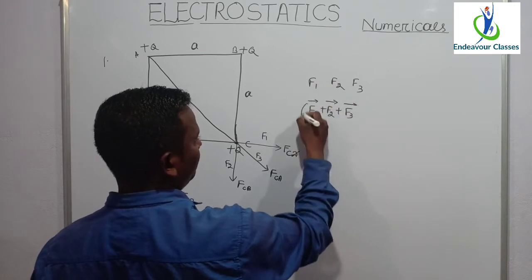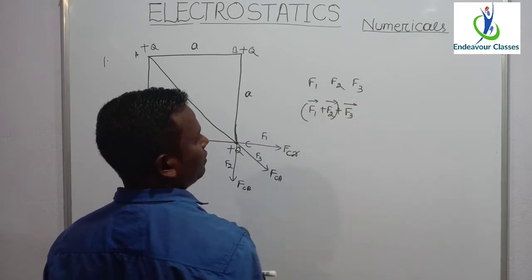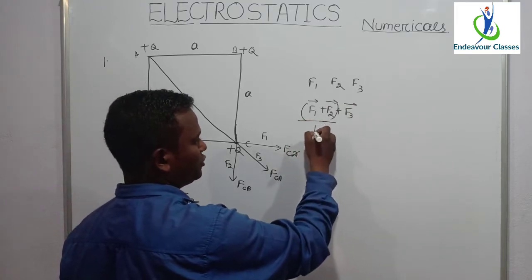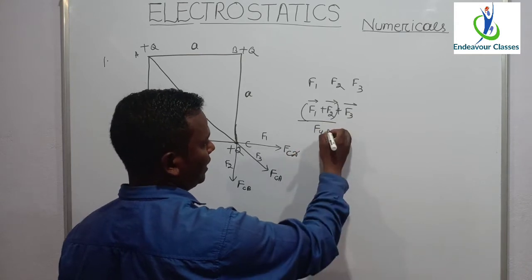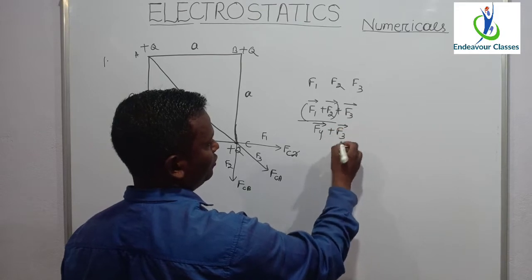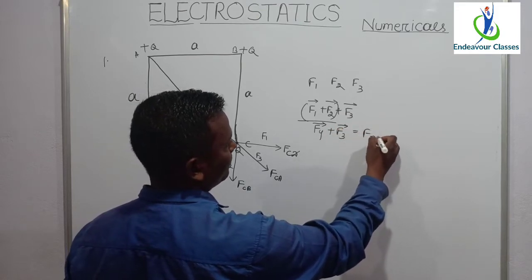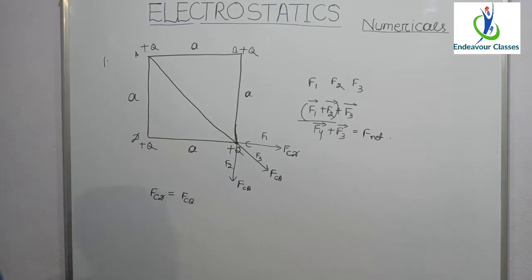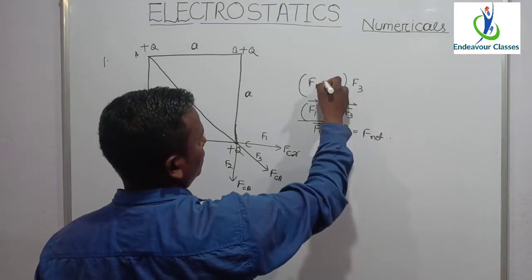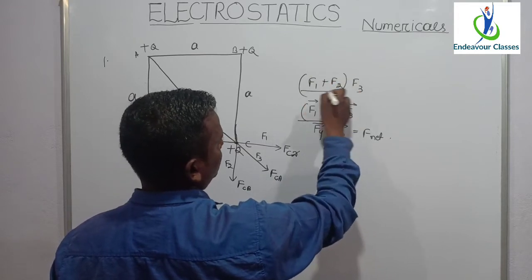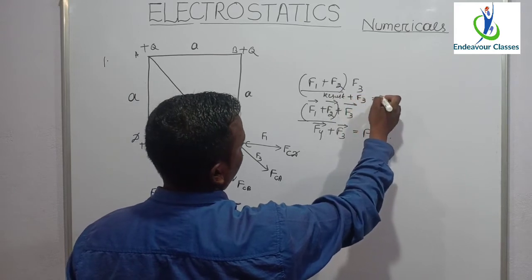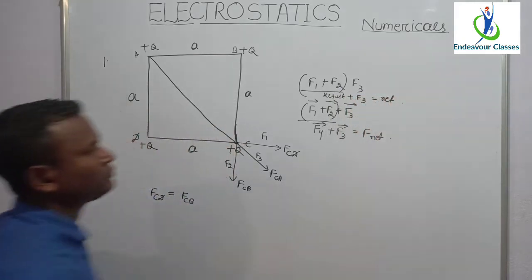What we can do is first add the forces F1 and F2, then the resultant of these two, let it be F4, can be added to F3 in order to find the net force, F net. So this is the approach. We'll first add these two, then the result will be added to F3 to get the net force.